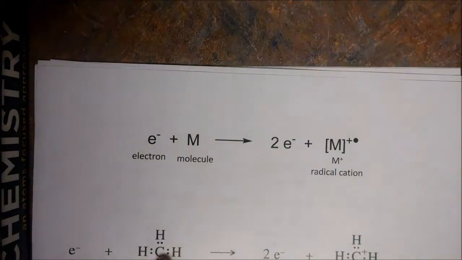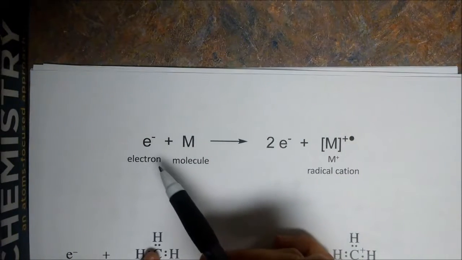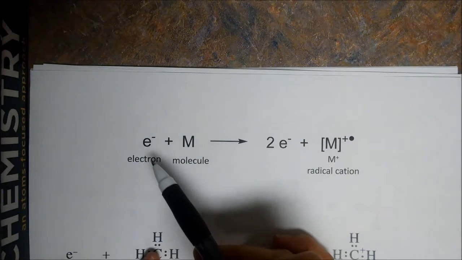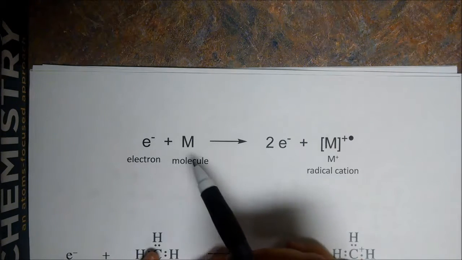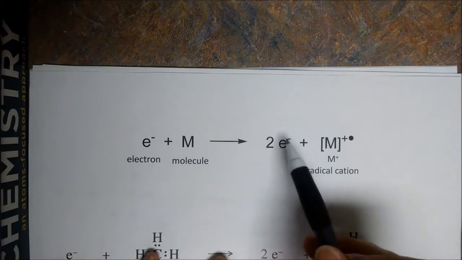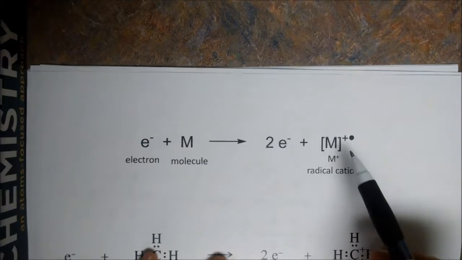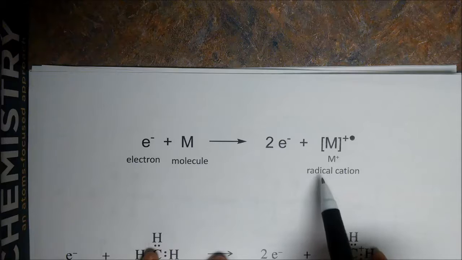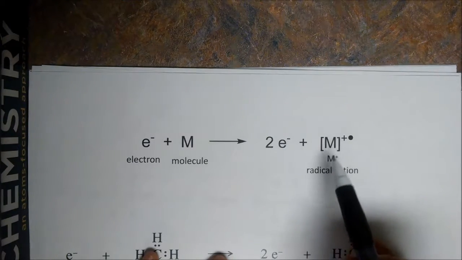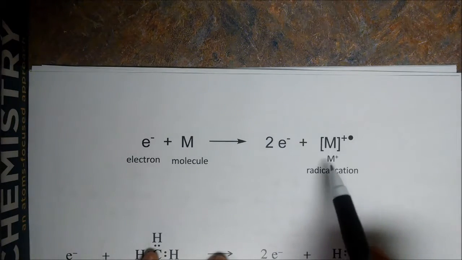When we bombard our molecule with a bunch of electrons, what can happen is that an electron can pop out one of the electrons from our molecule. It literally pops out an electron. So now we have paired electrons, and then we have one unpaired electron. That's why it's a radical in our molecule. And we lost one electron, therefore we now have a formal positive charge on our molecule.